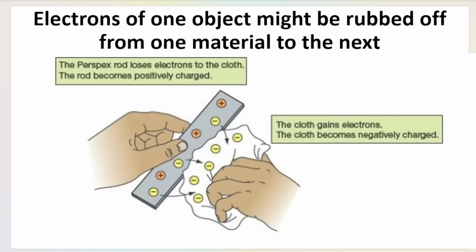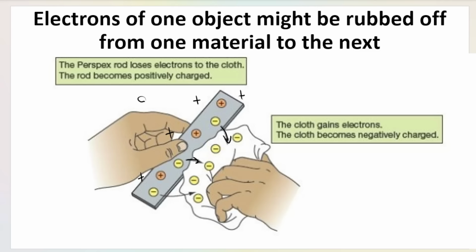And how does this work? Electrons can be rubbed off. So electrons can rub off from one material to the next. So in this case, we have a rod. It is rubbing against a cloth. From the arrows in the picture, we can see that the rod is losing electrons. So electrons are being transferred from the rod to the cloth. That means that the rod will have more protons than electrons.